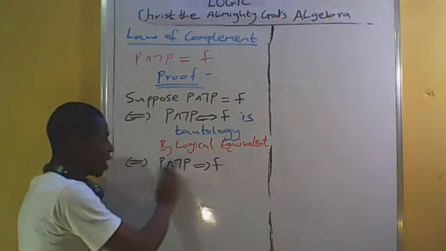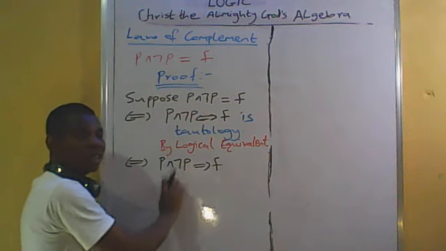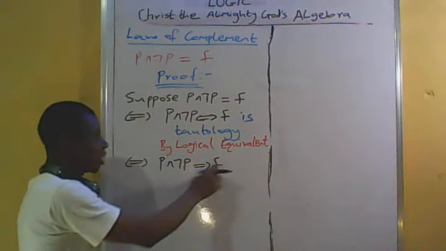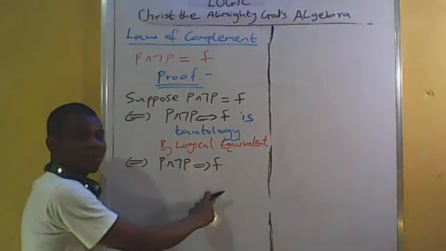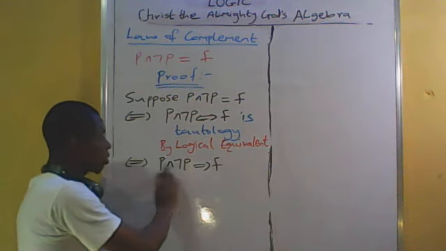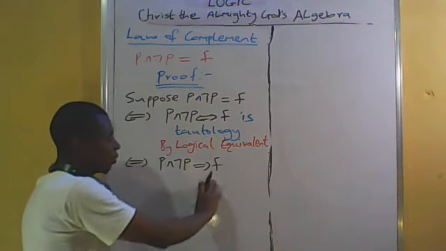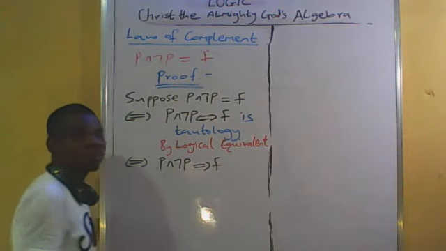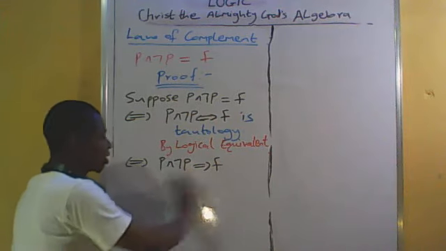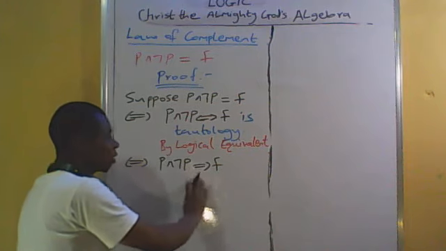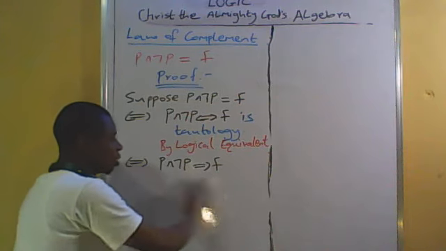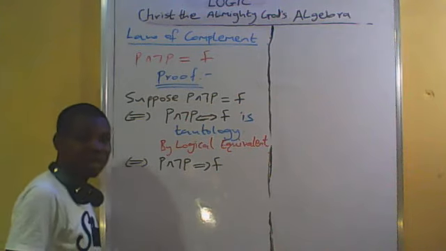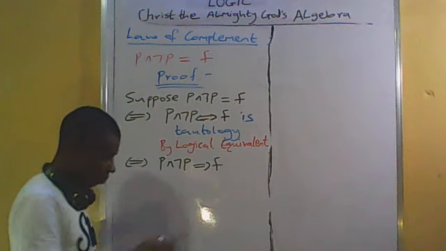We evaluate P and not P, always F. And here is also F constant. So F implies F is always validated to be true. So in this statement, there's no possibility of getting falsity when you validate the statement, always truth. We say that the statement is a tautology.